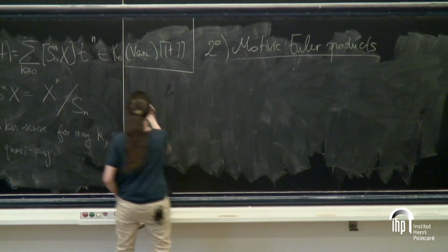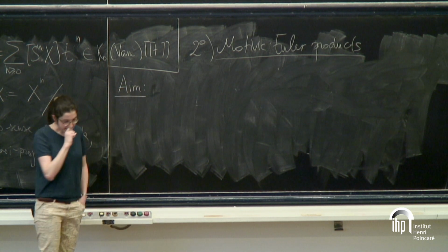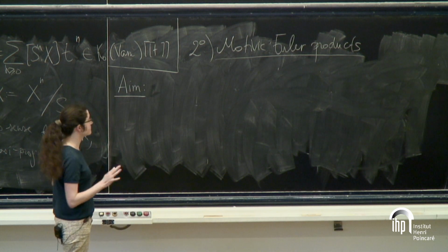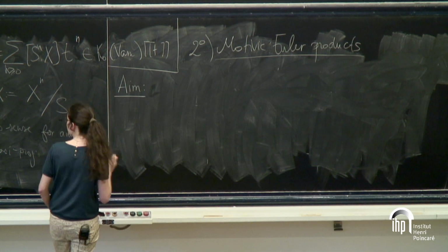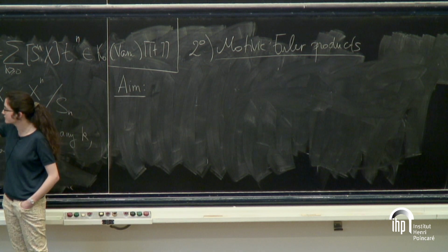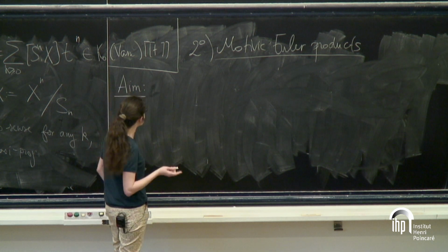So what is our aim here? My aim is to define Motivic Euler products in a general enough setting so that, in particular, I will get the expected Motivic Euler product for the Kapranov zeta function. So what is a general enough setting?